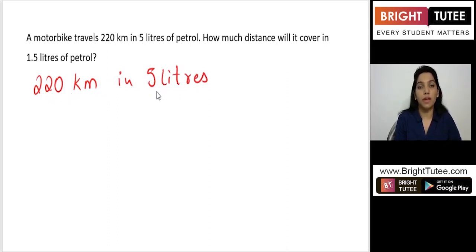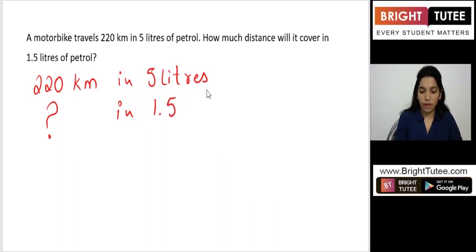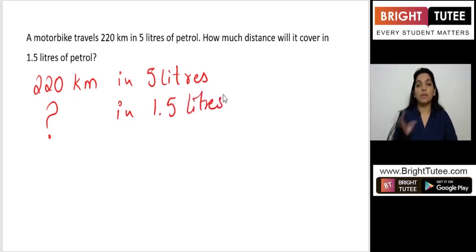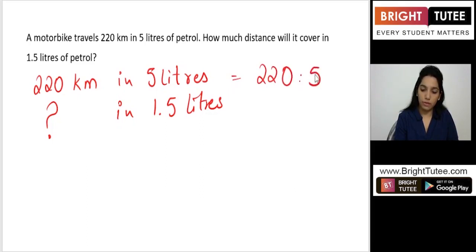We need to find how much distance in 1.5 liters, right? Now, can you see that this question looks like the question of ratios? You can write this as 220 is to 5 is something is to 1.5. I'll just use a box here.